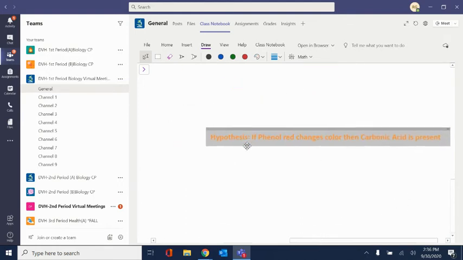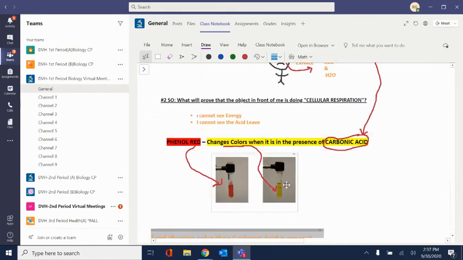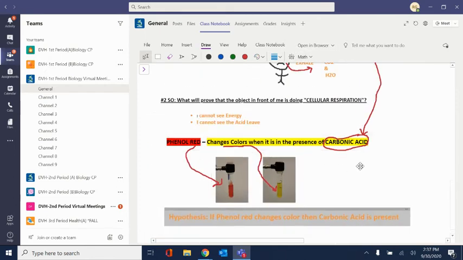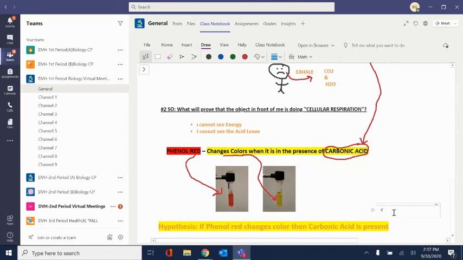So over here, I have a hypothesis. My hypothesis is, if phenol red changes color, then carbonic acid is present. If there's carbonic acid present, then I know that whatever's producing that carbonic acid is alive. Let's write that as a side note. This is not an official hypothesis, just a note to ourselves that might help us later.